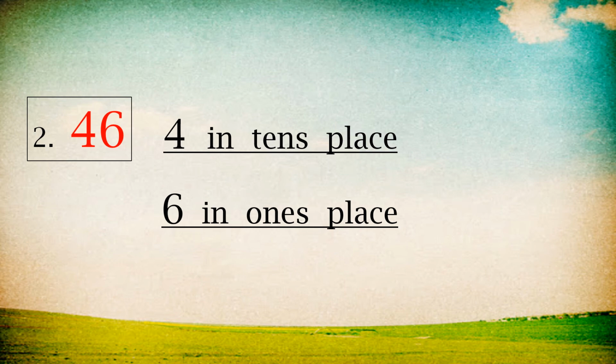So I'm going to ask you a question, kids. In number 46, which is bigger, 4 or 6? Or which number has the greater value, 4 or 6? Let's see. 4 is equal to 40 because it's tens. 10 plus 10 plus 10 plus 10 is 40. 40 plus 6. So which number is bigger?